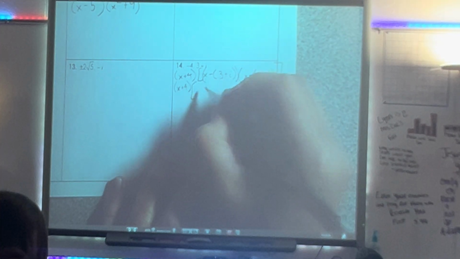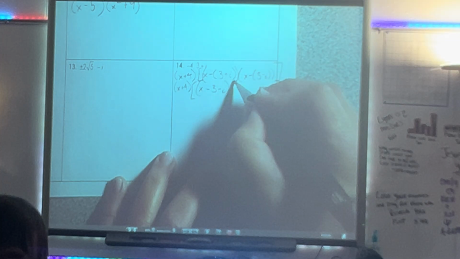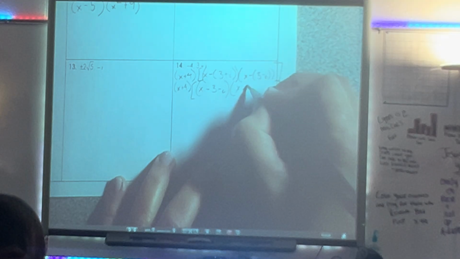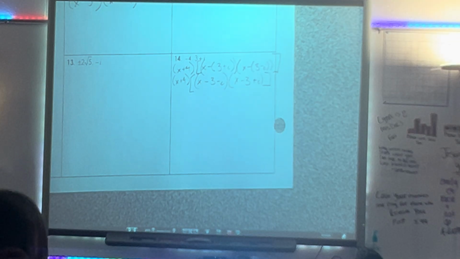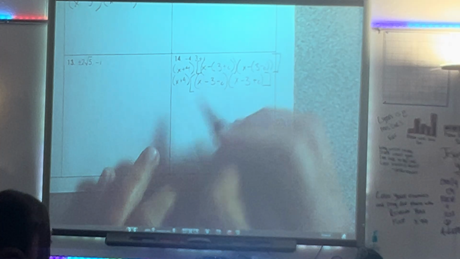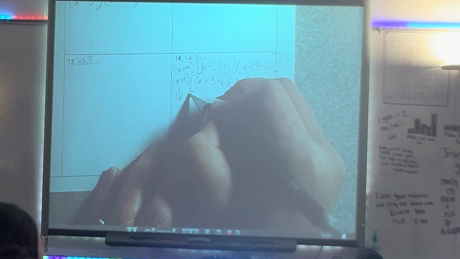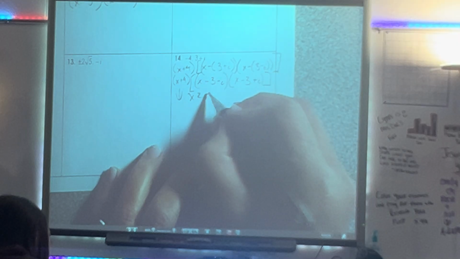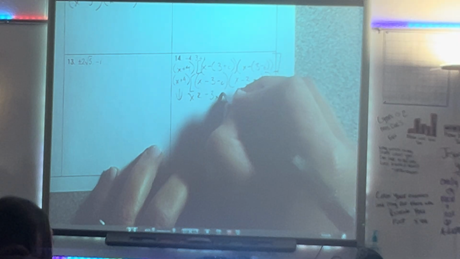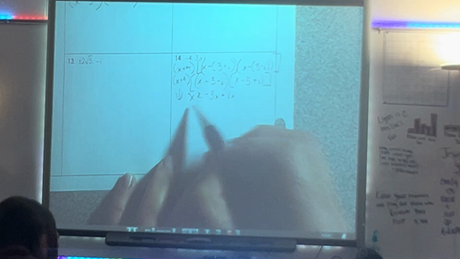So, well, I need to clean it up first. So it would be x minus 3 minus i, and then x minus 3 plus i. The x plus 4 is still going to be there. So then I'm going to start multiplying that out: x squared minus 3x plus ix, however you want to write that. So that's the first one.